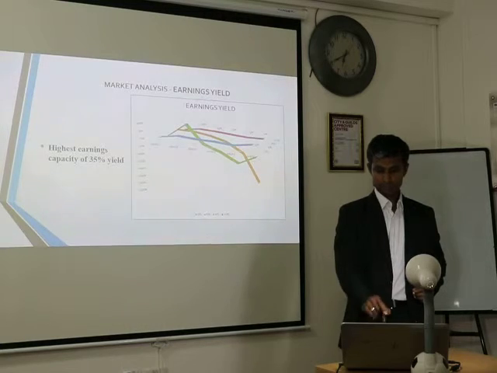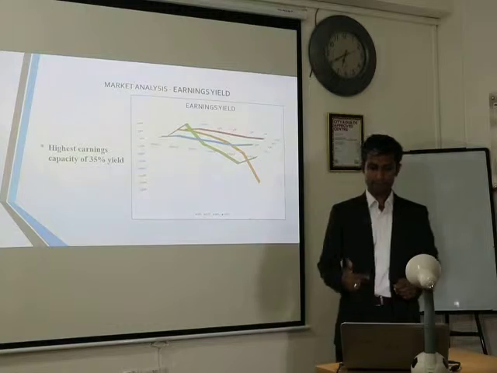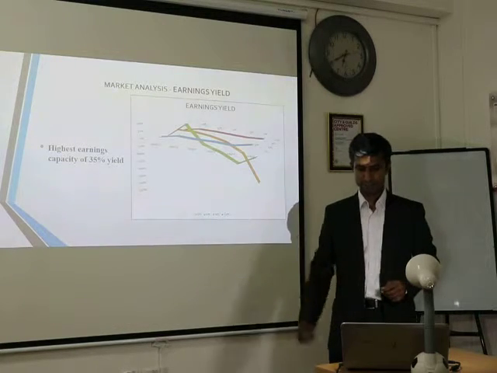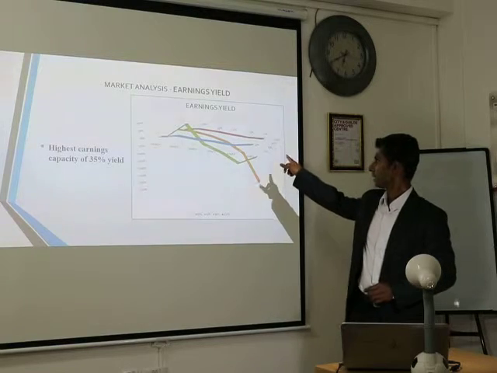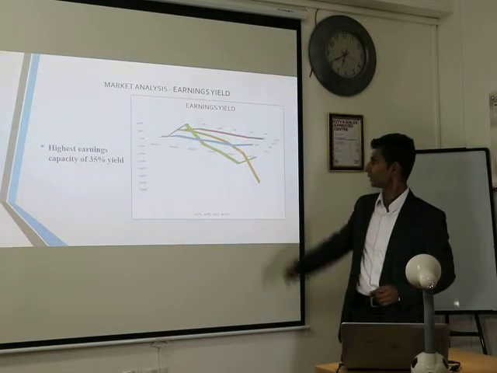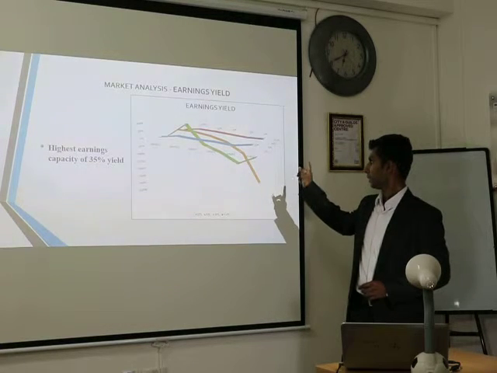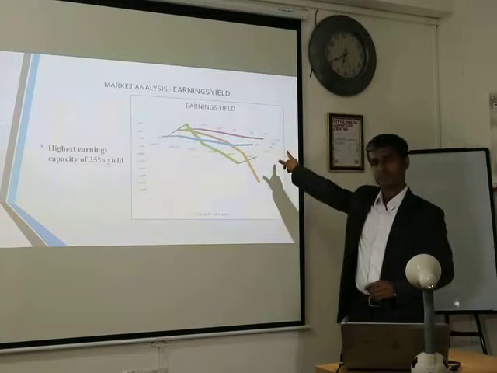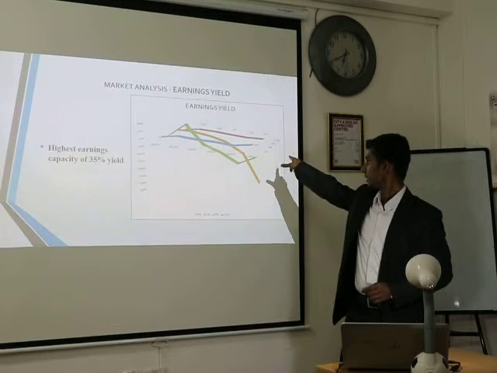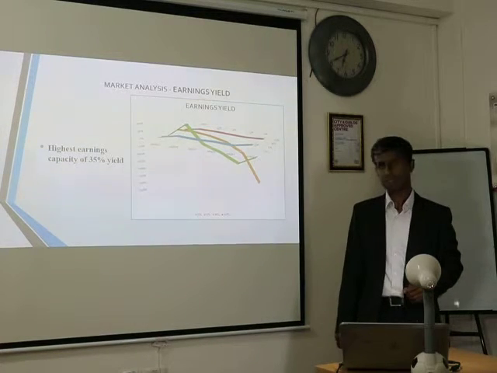So when we move ahead with the market analysis ratios, the second most important one is the earnings yield. You can see how other companies compare with the earnings ratio of Equity Plantations. Equity Plantations maintained even in the 2016-17 year 35%, and you can see even the nearest competitor is ending at 2% of earnings capacity.